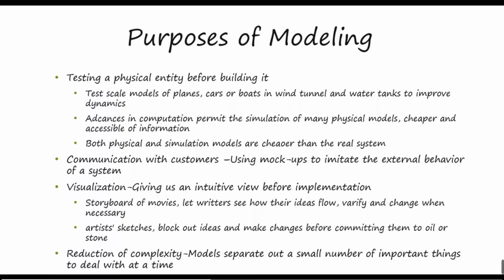For example, if we test scale models of planes using physical models, we need different kinds of sensors to get the data. But if we use a computer to simulate the tunnel test, we don't need physical sensors; we can get different kinds of data from the computer directly. But both physical and simulation models are cheaper than real systems.